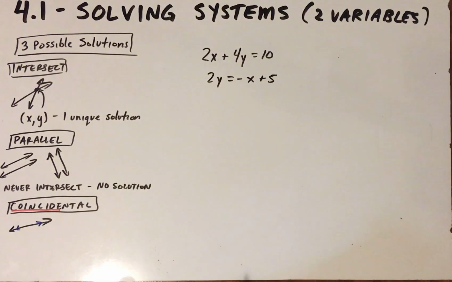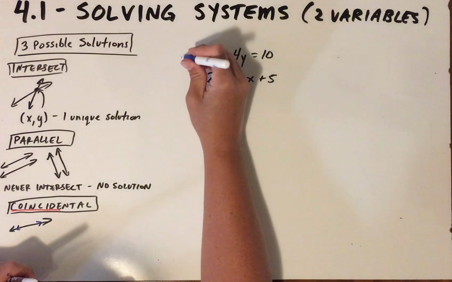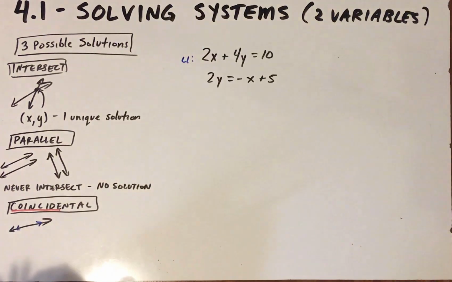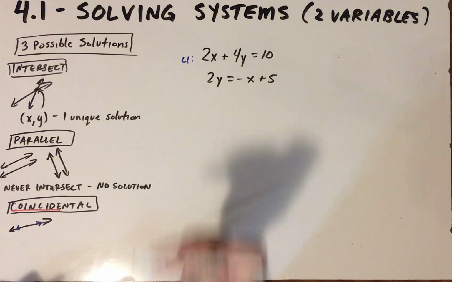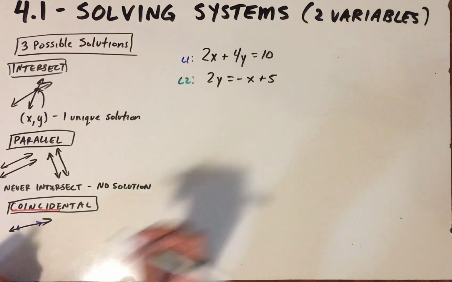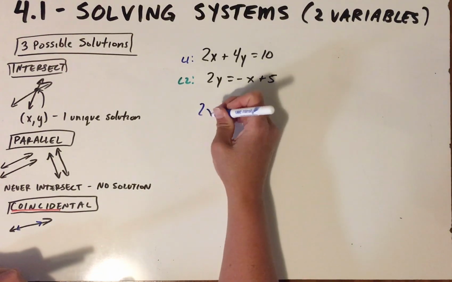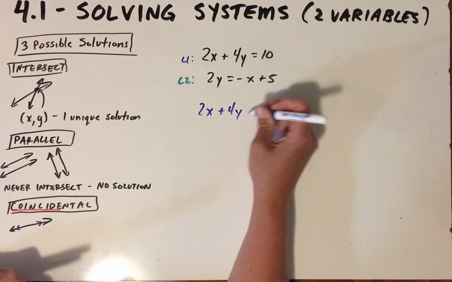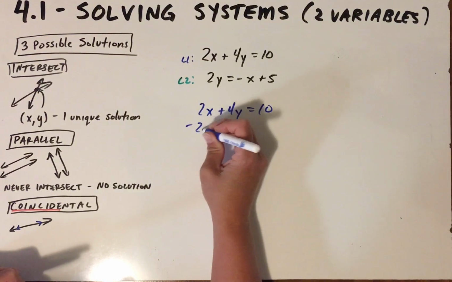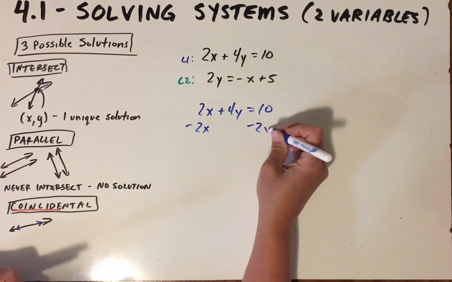If these were our two equations, blue is going to be my line 1, and green is going to be my line 2. If I wanted to graph these, I would put them both in slope-intercept form. Looking at line 1, I would subtract the 2x because I'm isolating y.